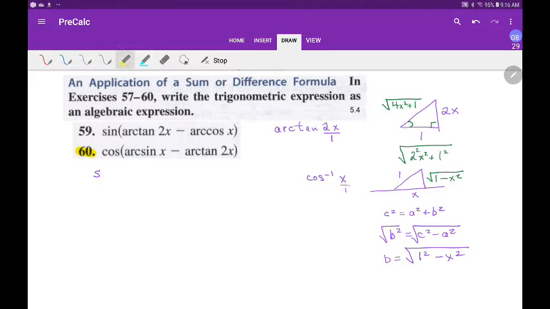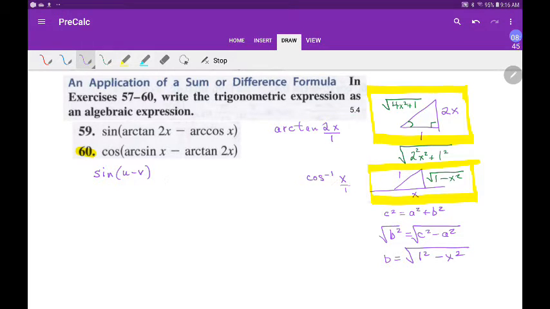With these two triangles all set up, I know what I'm talking about now. Before I wasn't quite sure, but now we know, and we should write that out. So we'll say we know that sine of u minus v is equal to sine of u cosine of v minus cosine of u sine of v, right?